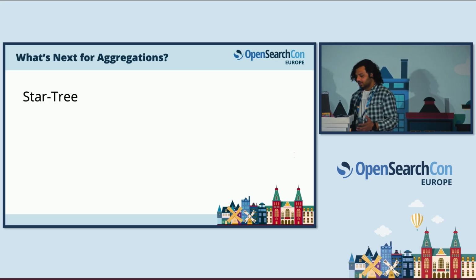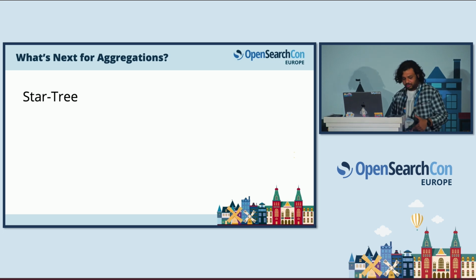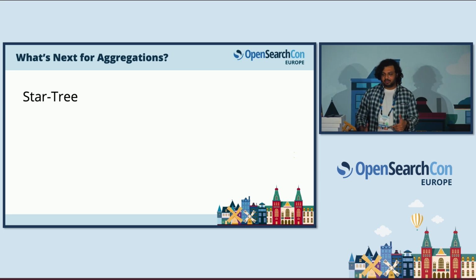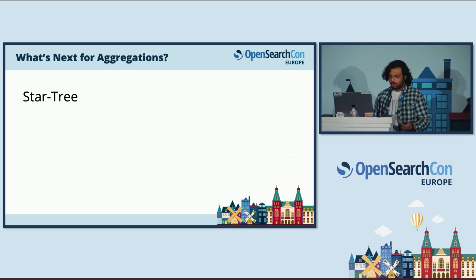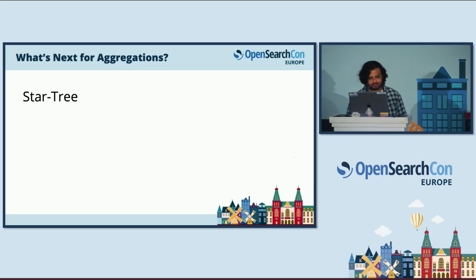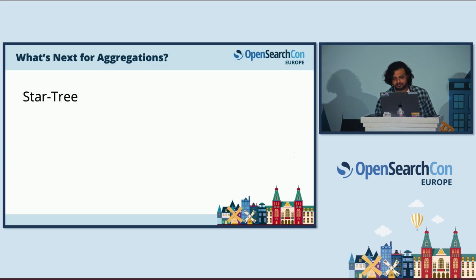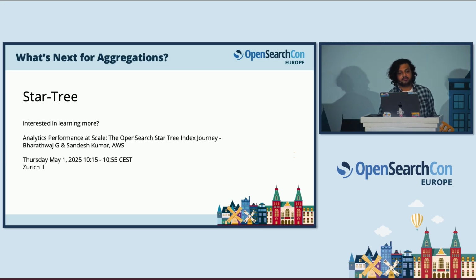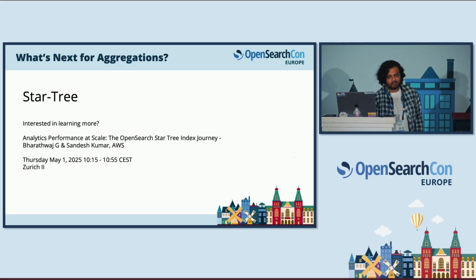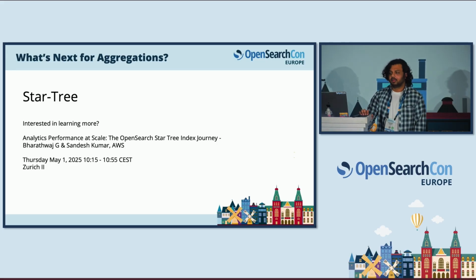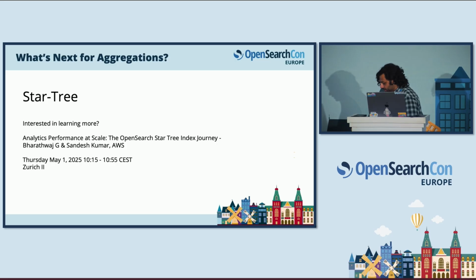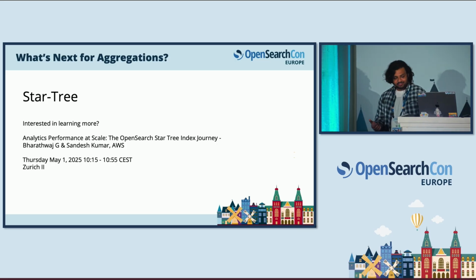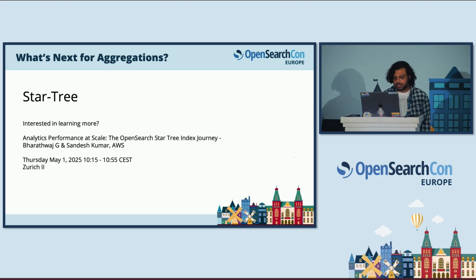That index has information about different fields. We have a follow-up talk on star tree tomorrow, where we will talk about how we improved nested aggregations and how it stores the data.